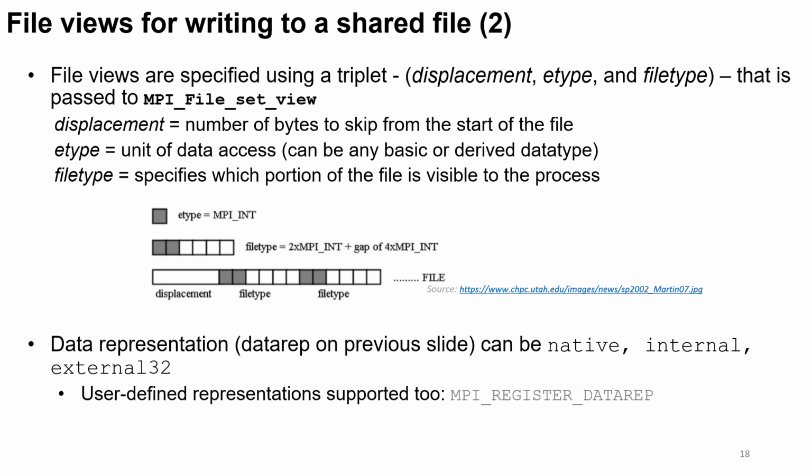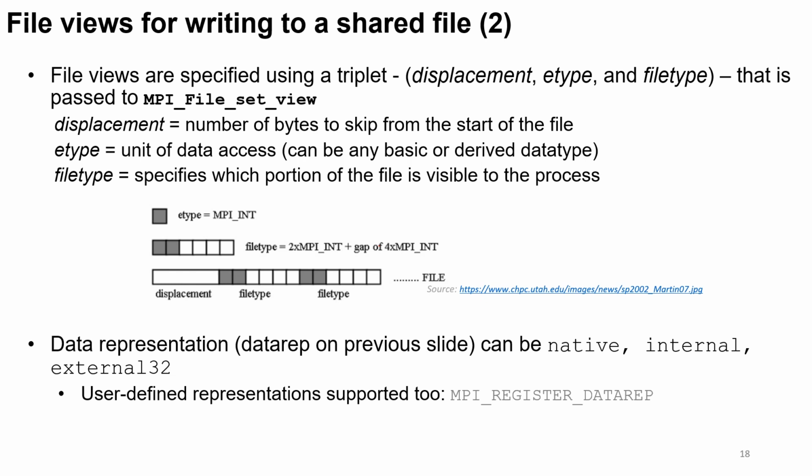The file type specifies which portion of the file is visible to the MPI process. So here, as you see on the slide, we can use the combination of different E-types and gaps to construct our file type or the pattern for the file type.